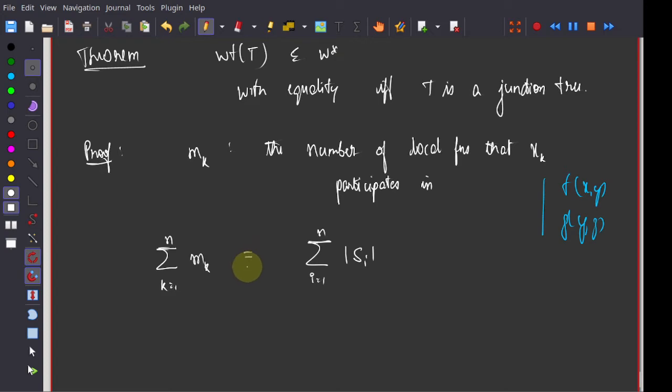Is it true that it's always equal? Yeah, in the toy example, it is. Why?